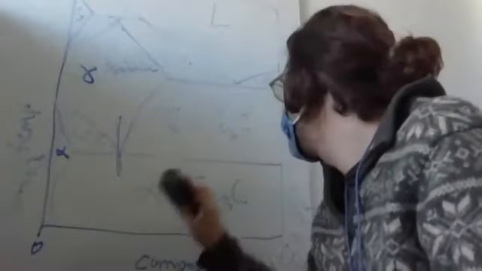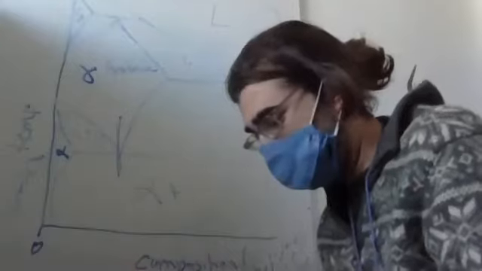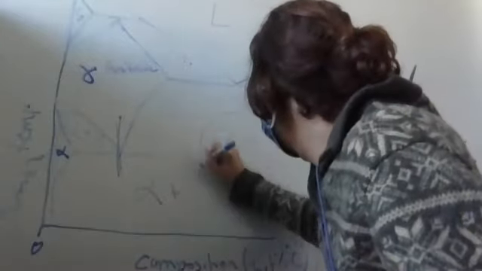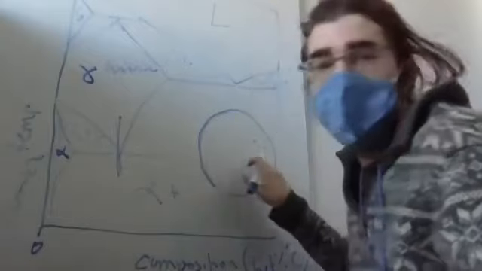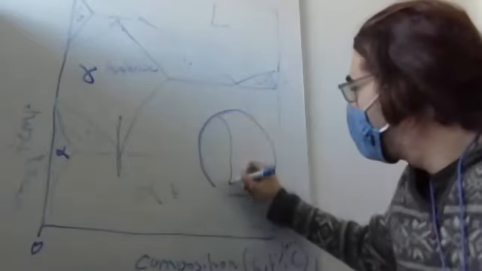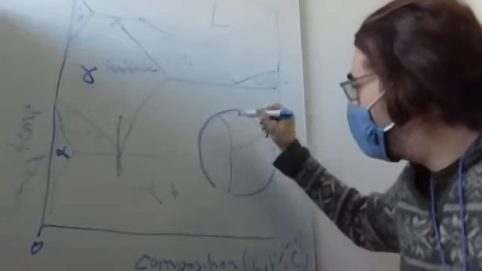Now, how does this happen? So if this is our cross section, right, and these are different.